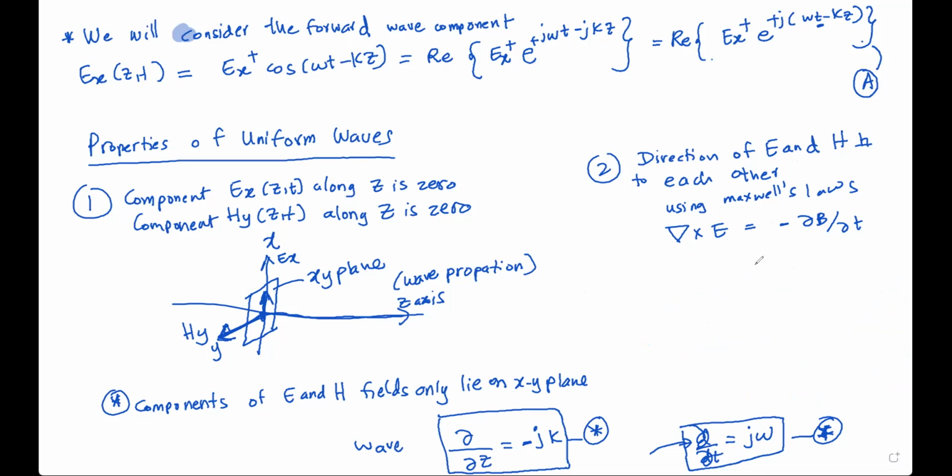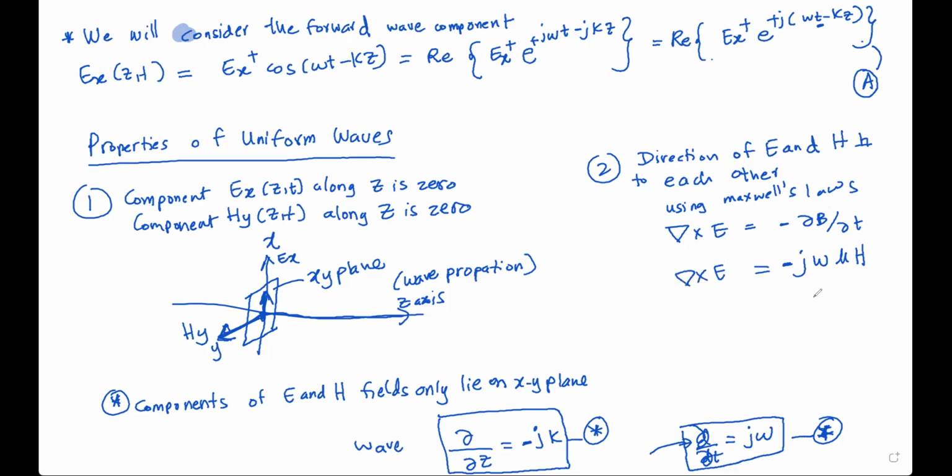First of all, I'm going to substitute the partial derivative with respect to t with j omega, and then I'm going to rewrite this. So minus j omega, and then B I'm going to replace with mu H, since B is equal to mu H. So this is the equation that I'm getting, right?